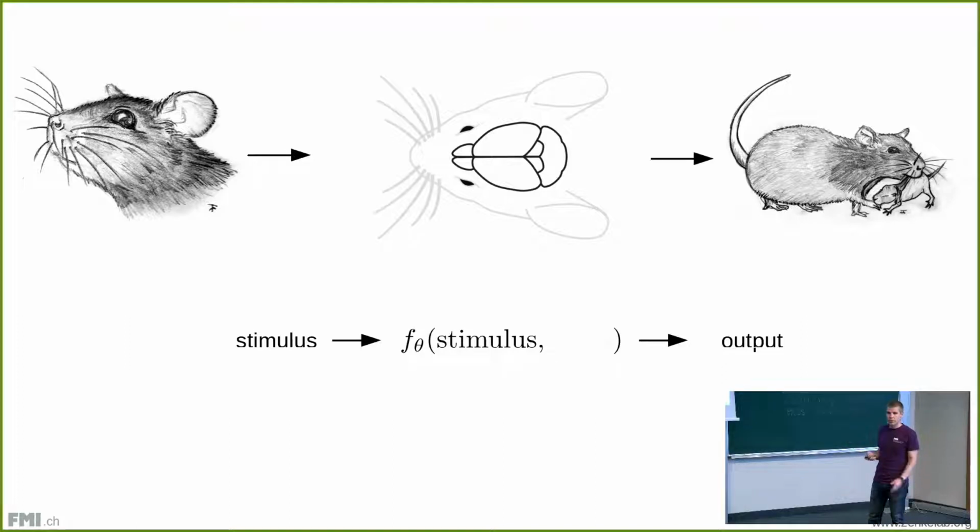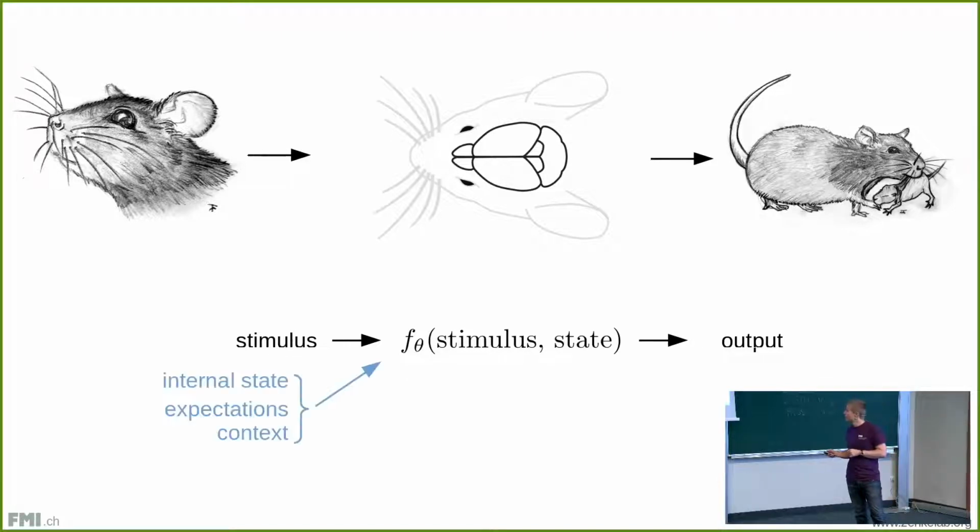I think we've already seen this yesterday in the introduction session. That's a very restrictive view of what the brain does. We'll usually also have to take into account that the system itself, the network itself, the animal itself, can have an internal state, internal expectations, and some integrated notion of context, for instance, that should also inform this function.